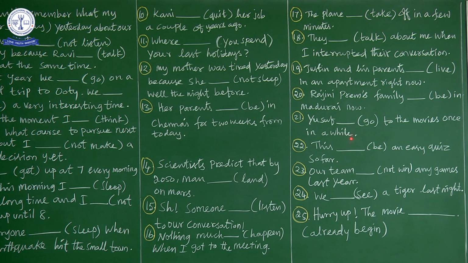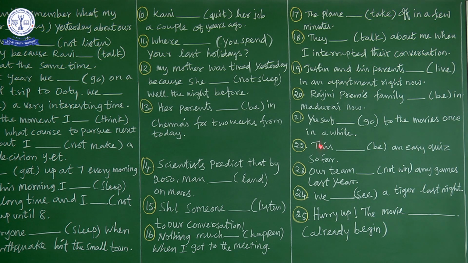Why do we have to go for goes, why not go? Because Yusuf comes under he, she, it, that is third person singular. So we have to add es or s to the verb. And why did we choose simple present? Because once in a while is a habitual, regular action.